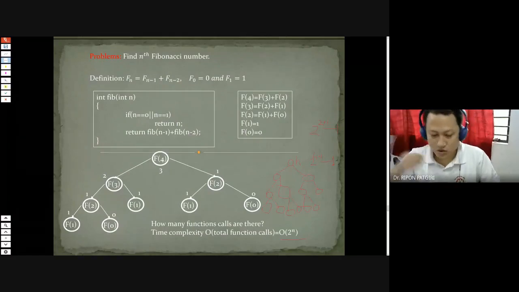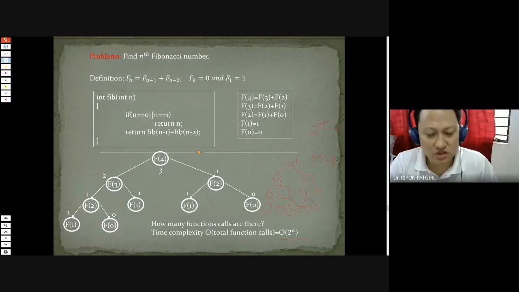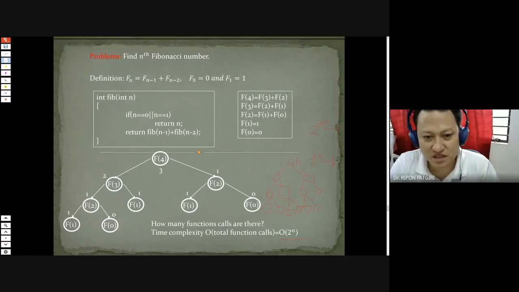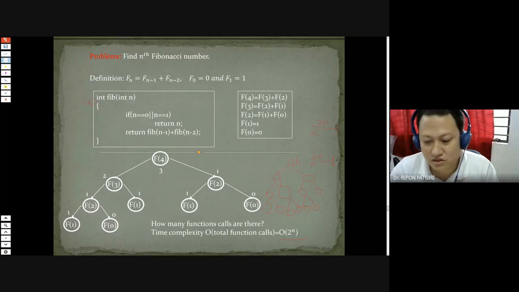Now my question is, can we improve this time complexity? Because you cannot write this function in a real life scenario.